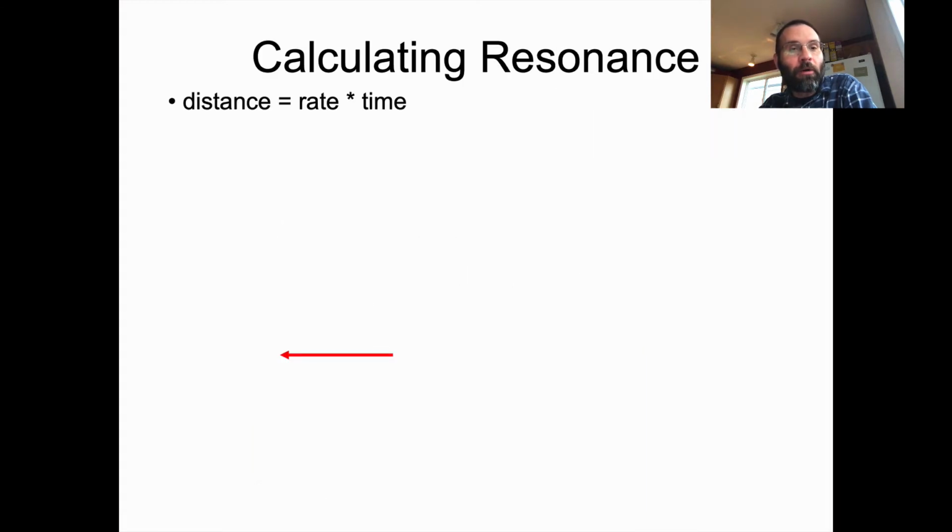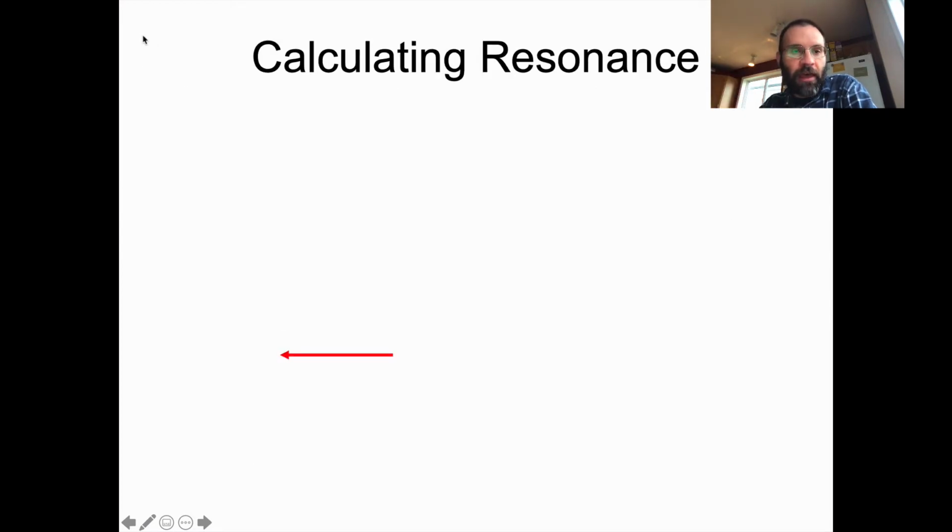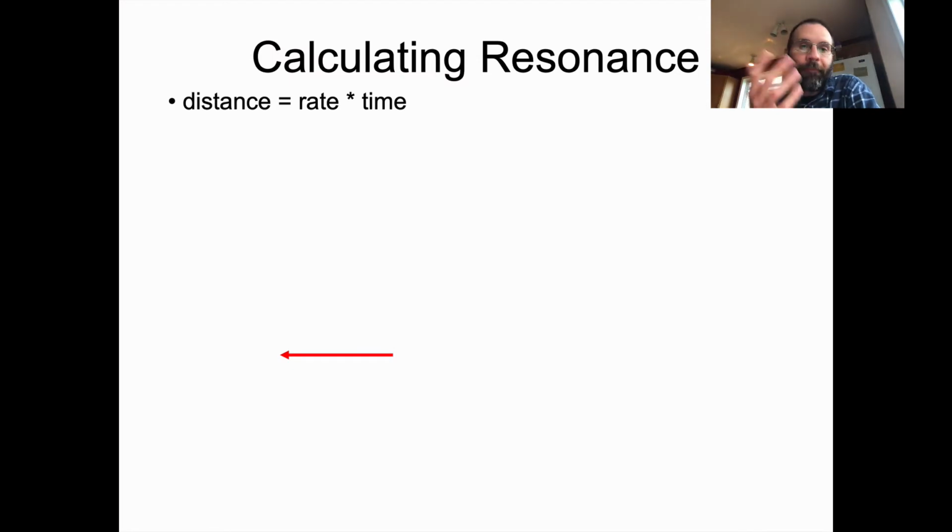All right, so if we want to figure out exactly how we can go from length of the tube through wavelength to the resonant frequencies of the tube without having to think so much and just using math to help us, let's start out with this basic relationship that distance equals rate times time. That's something you've probably heard somewhere down the line, I hope, but if you haven't, it's good to hear it now because it's true.